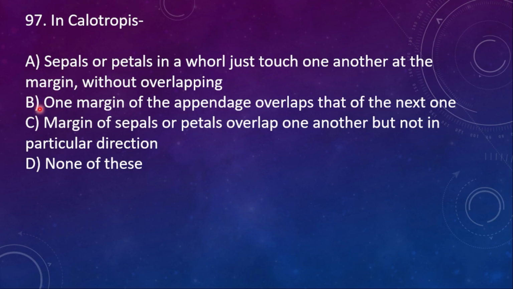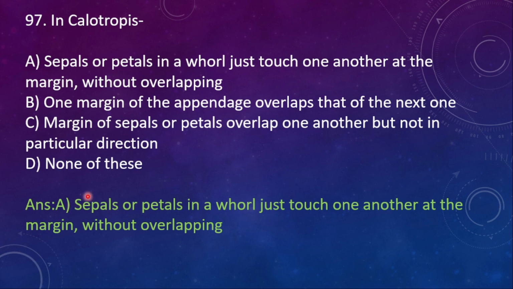In Calotropis he is asking. B. One margin of appendage overlaps that of the other one. C. Margins of sepals or petals overlap one another but not in a particular direction. Option D, none of this. So here option A is correct about Calotropis.